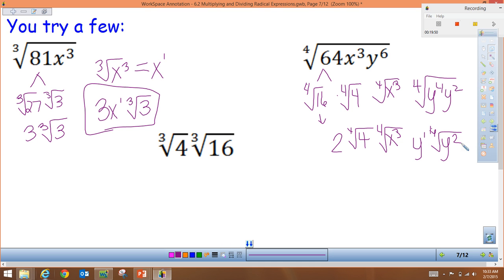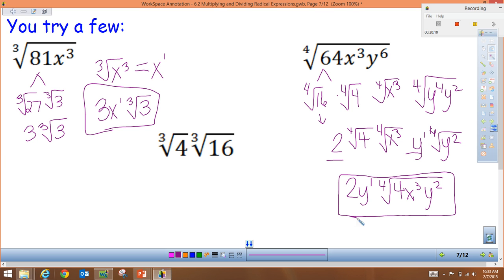So let's put that all together. What's outside the radical? 2y to the 1st. And what's underneath the radical still is 4x cubed y squared. Okay, so that would be your answer in simplest form.